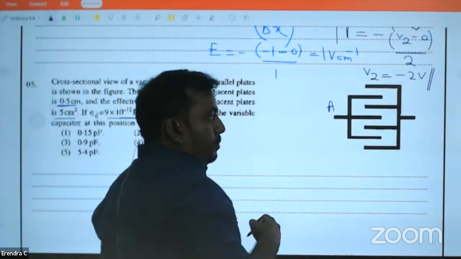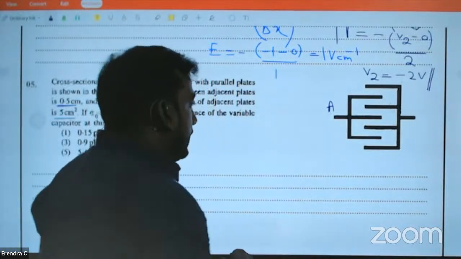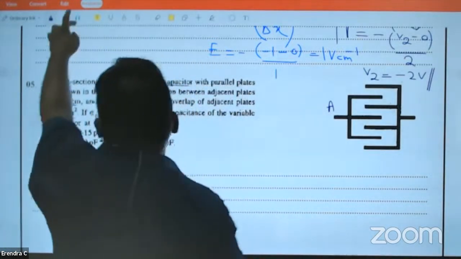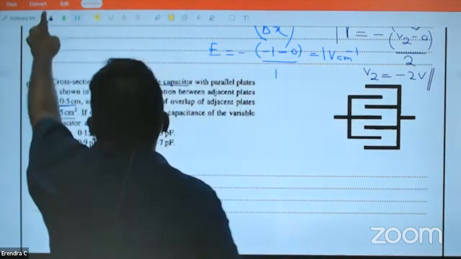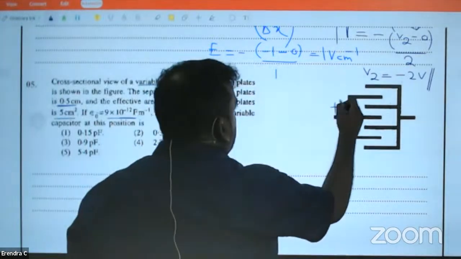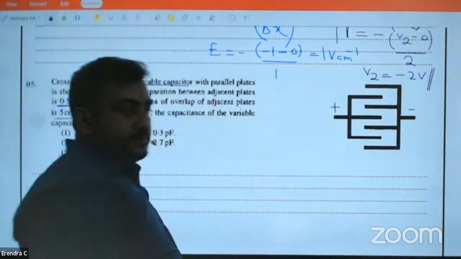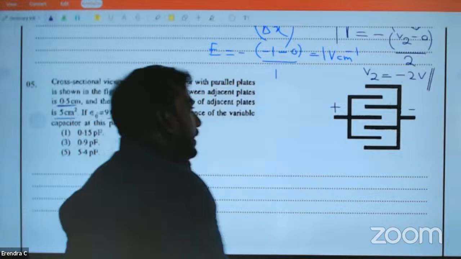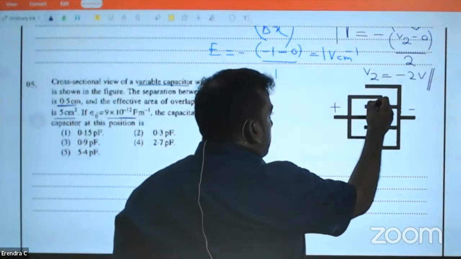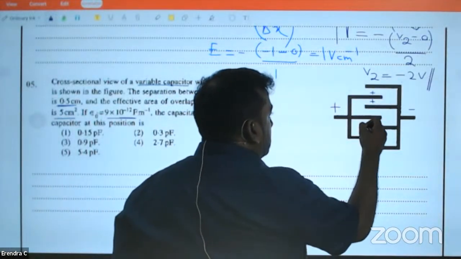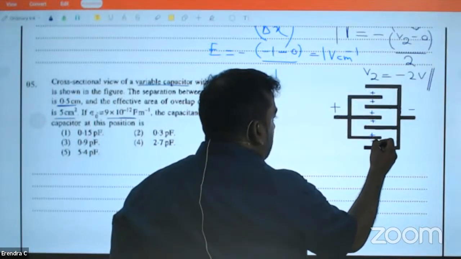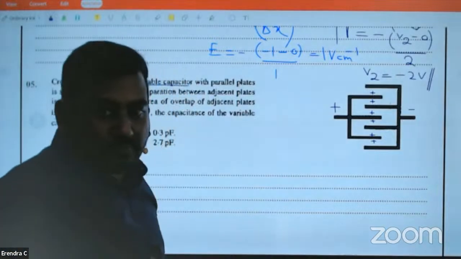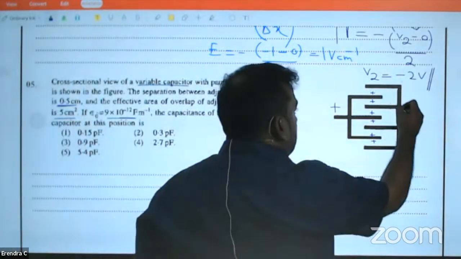Some people like to put plus and minus. I'll also put plus and minus, easy enough for all. We'll take this as the plus, we'll take this as the minus. Plus means all these plates are plus. So here also plus, here also plus, here also plus. If you take minus, these are all minus plates.